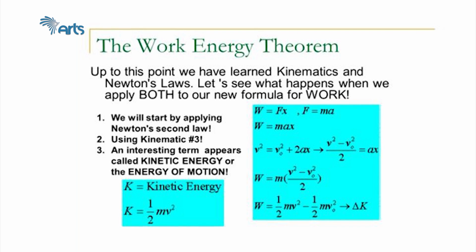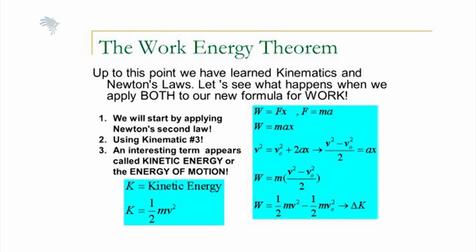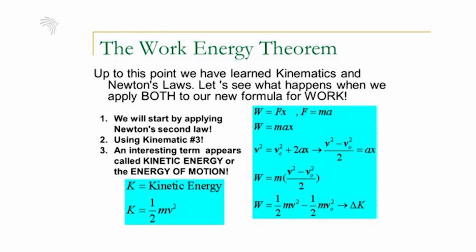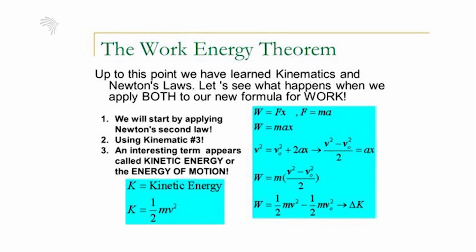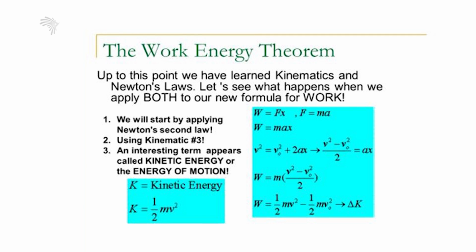From this, let's make ax the subject of the formula, so that ax equals v final squared minus v initial squared divided by 2. Now we already have W equals max, and if we substitute for ax and distribute m, finally you will have W equals half mv final squared minus half mv initial squared.